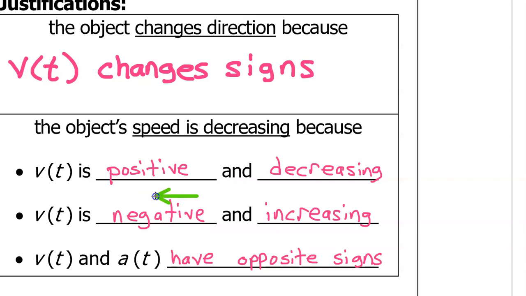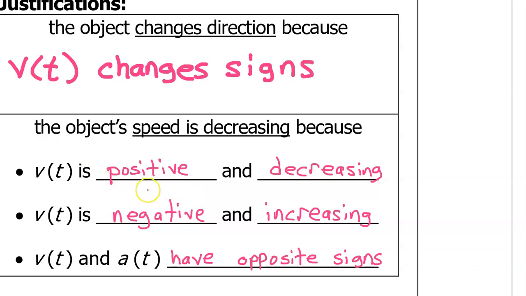Technically, I'm describing an increasing velocity because negative 10 is greater than negative 30. Negative 10 is further to the right on our number line. So going from negative 30 to negative 10 is an increasing velocity, but clearly when you're talking about speed, negative 10 meters per second is slower than negative 30.